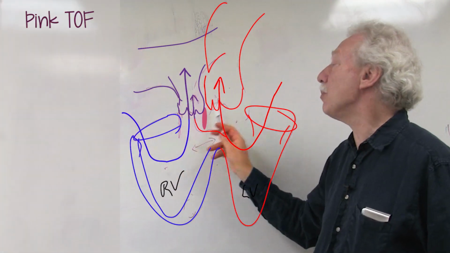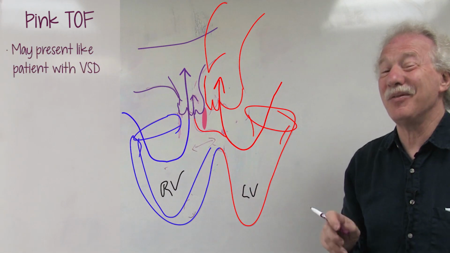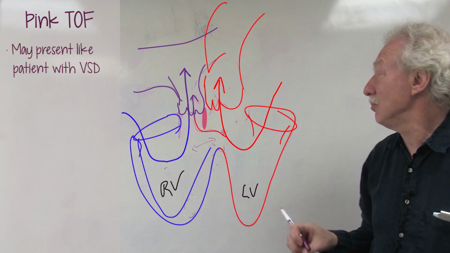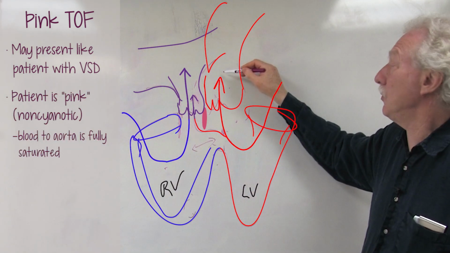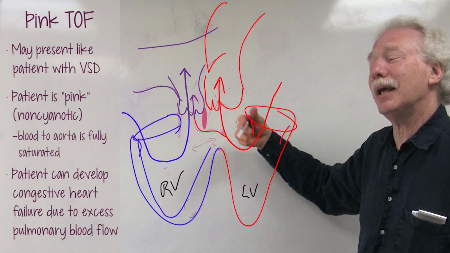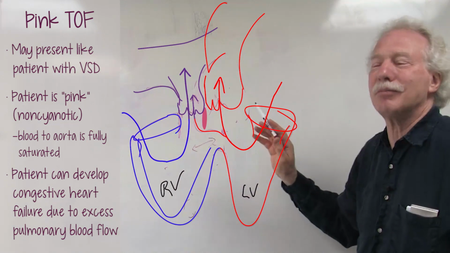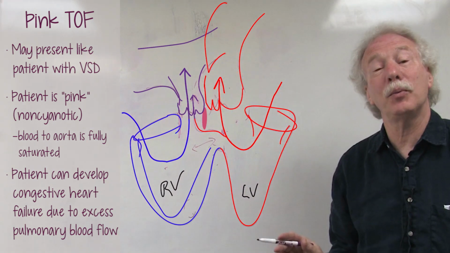And so a very mild form of Tetralogy of Fallot might act like a kid with a ventricular septal defect. The kid is pink because the only blood that's going to the aorta is fully saturated blood. The child may, in rare instances, go into congestive heart failure because there's so much pulmonary blood flow.